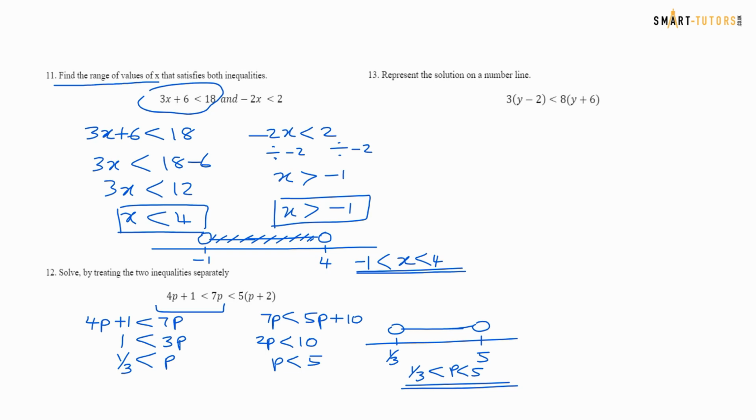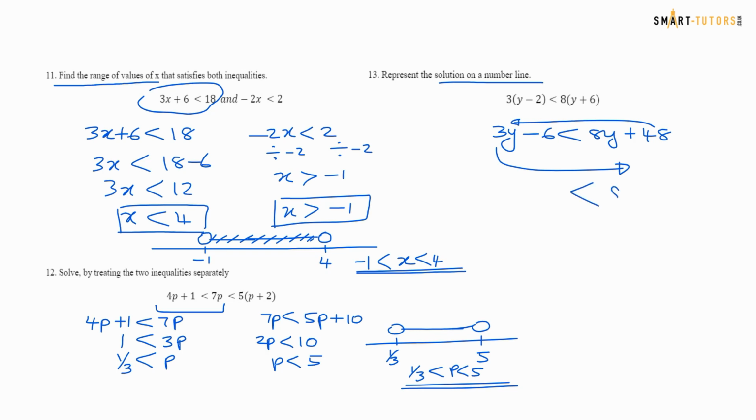Question number 13, represent the solution on a number line. So here they are specifically asking for a number line. So you have to find the solution and draw that in the number line. So 3y minus 6 less than 8y plus 48. 8y is bigger, so keep the 8y that side, so bring the 3y this side and 48 to that side.